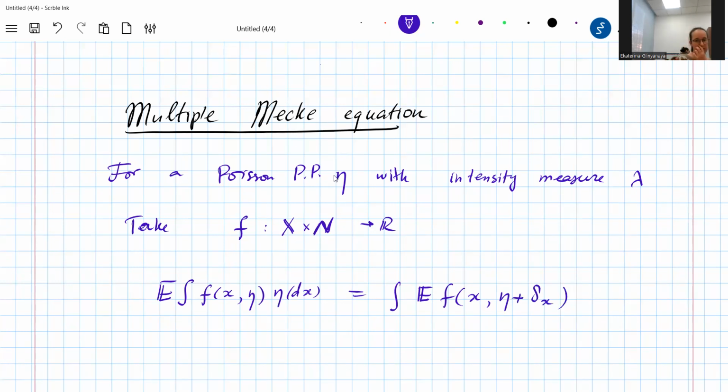So I add to the point process an additional fixed point x. Here x is fixed, so you take the expectation with this randomness, and then we integrate over space x with respect to the intensity measure lambda.